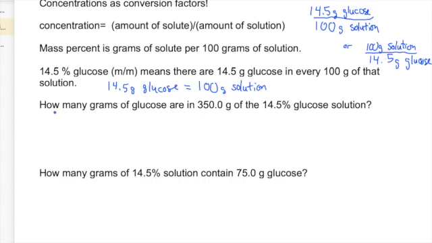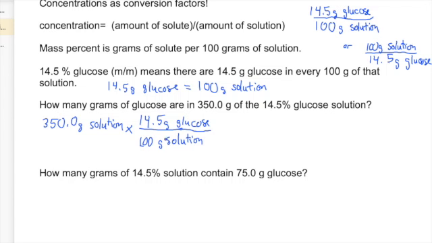So this particular question: how many grams of glucose are in 350 grams of this 14.5% glucose solution? What we know is the amount of solution, and what we want to know is the amount of solute. So we are converting 350 grams of solution into grams of the solute, glucose. To do that, we're going to want the amount of solution on the bottom and the amount of solute on the top.